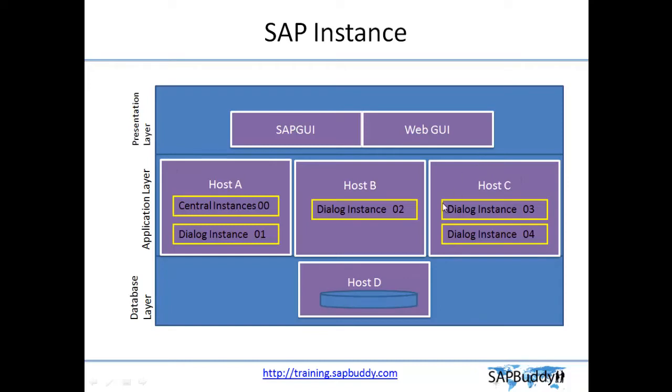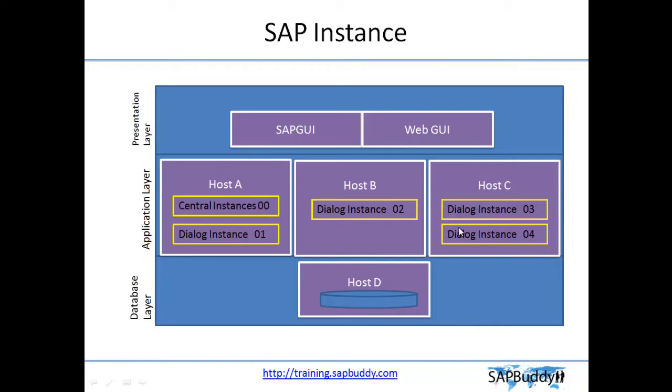Let's say an ECC system can have multiple server instances. This will allow you to increase the load balancing of the SAP system. That's an interesting part in SAP. Let's say after you implement the SAP system, you have three different hosts where you have almost 5 instances running.